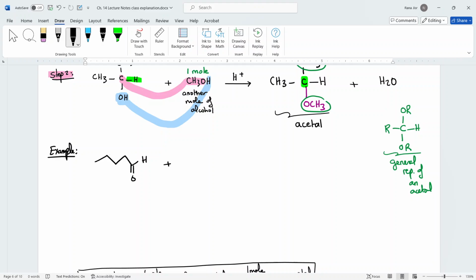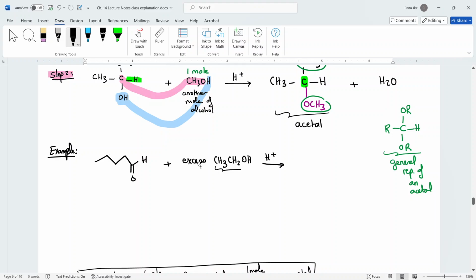I would tell you, you know what, I'm using excess of the alcohol. So let's say here I am using an alcohol that is made up of 2 carbons. Again, the alcohol can be any type of alcohol. It doesn't matter. The R can change. But I have to tell you if I'm using excess or if I'm using 1 mole.